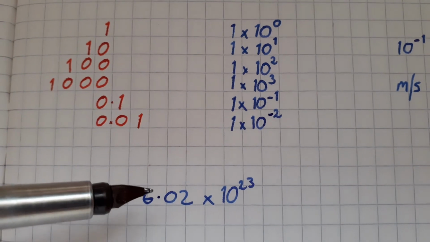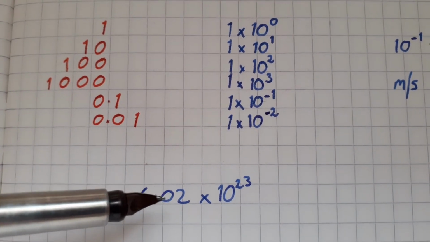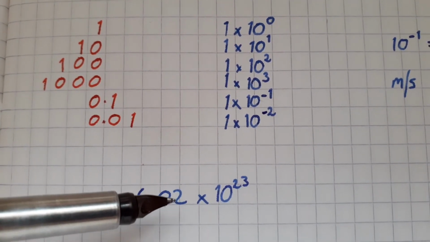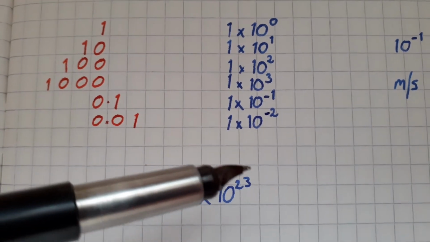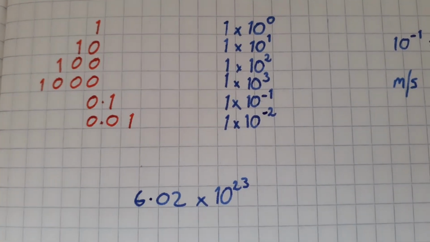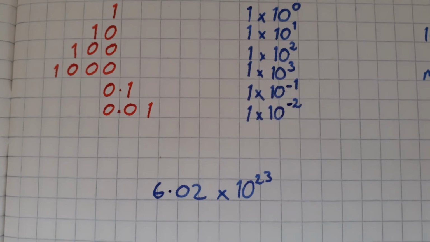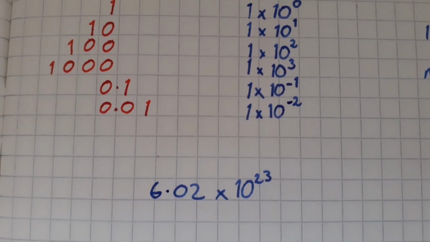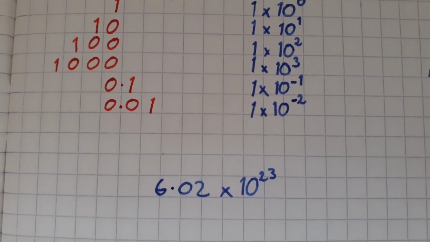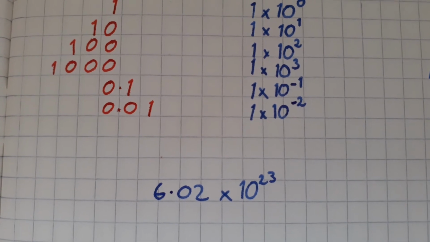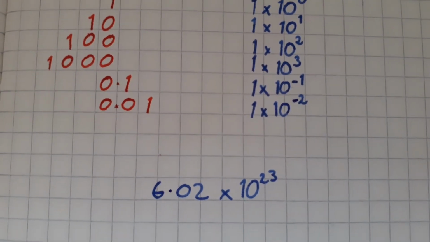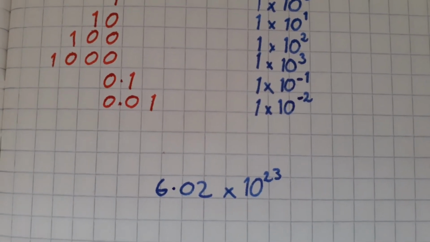So we've got 6, first zero is a 0, second zero is actually a 2, and we've got 21 zeros left to go after that 2. You'll come up against Avogadro's constant in chemistry in GCSE. I'm not quite sure which year. I think it's year 10 it's usually done in.